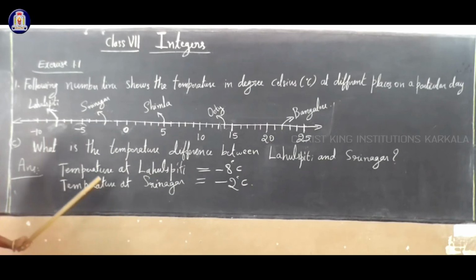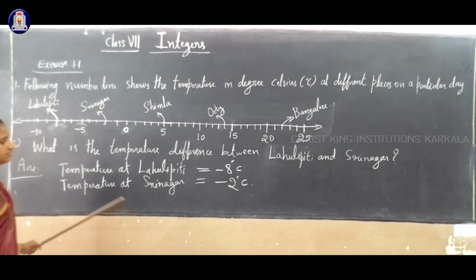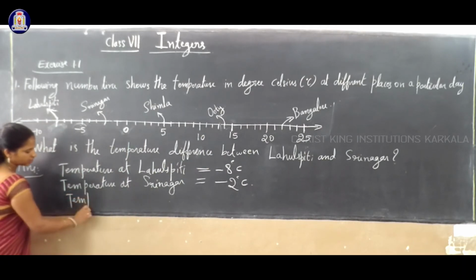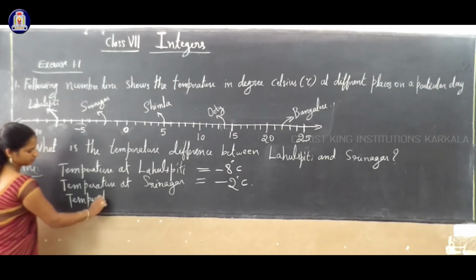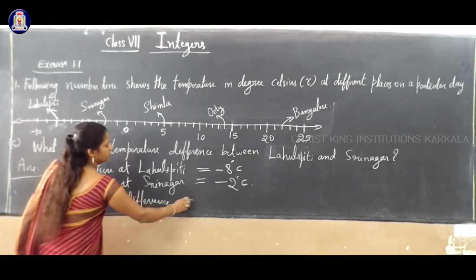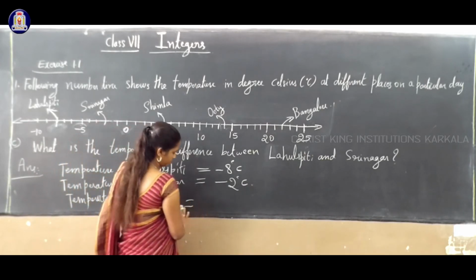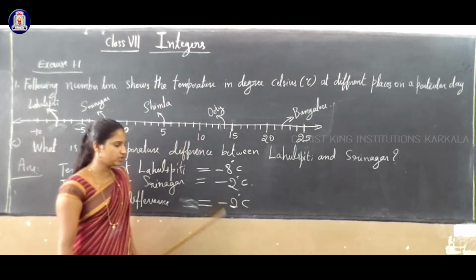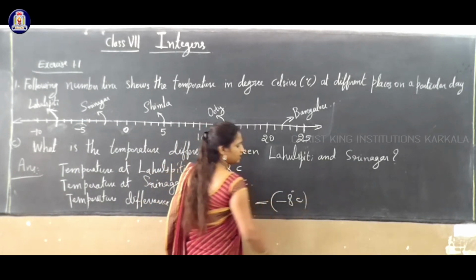So now what do we have to find? We have to find the difference. Difference means subtraction. Therefore, the temperature difference between Lahaul Spiti and Srinagar: first write -2 degree Celsius minus -8 degree Celsius.